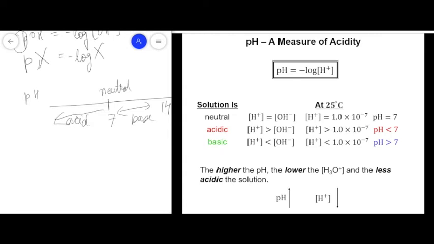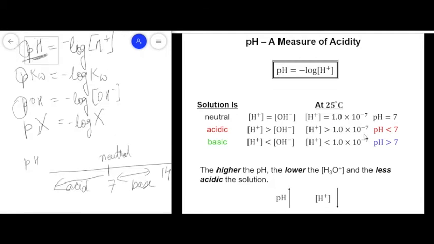Our solution is basic in nature. So the lower the pH, the more acidic the solution is. The higher the value of the pH, the less acidic the solution is, or more basic. You can see right here, pH is negative log of H ion, so that negative sign essentially makes it inversely proportional. So the higher the concentration of the H ion, the lower the pH is going to be.